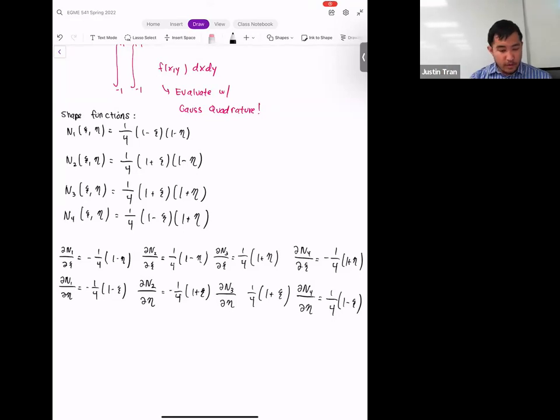We'll get all the heavy writing out of the way, and then we can talk about how we actually use these to evaluate our integrals.